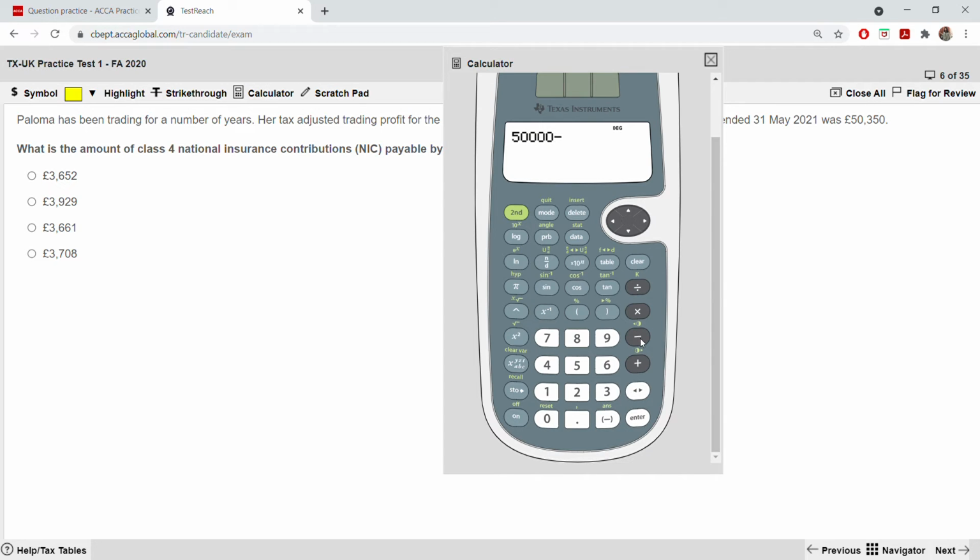This is the upper limit minus 9,500 into what percentage? It is 9%. If you're not understanding, you can even Google and check how class 4 NIC operates. Go and check the percentages. With this, you have to add. You have to put a bracket.